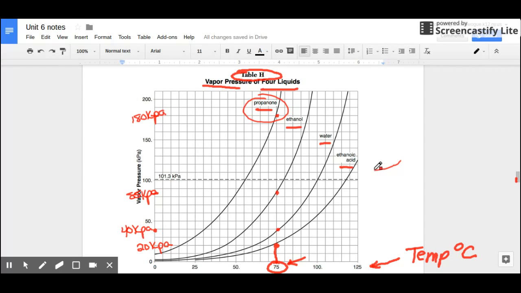So here's my lowest vapor pressure, 20. This one, ethanoic acid, is going to have the strongest intermolecular forces of attraction, and propanone is going to have the weakest. So strong intermolecular forces of attraction, low vapor pressure. Weakest intermolecular forces of attraction, highest vapor pressure.